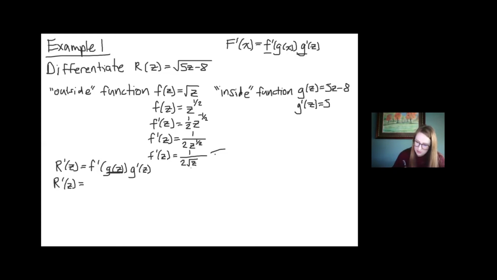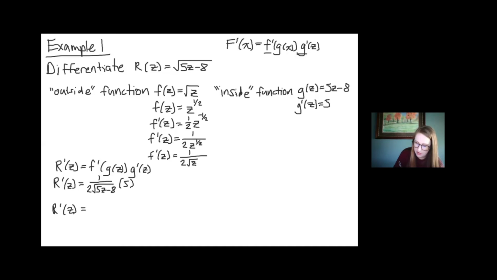Okay. So we have 1 over 2 square roots of g of z, which is 5z minus 8. And then times g prime of z, which is just 5. Okay, so simplifying this, all we're doing is multiplying that 5.